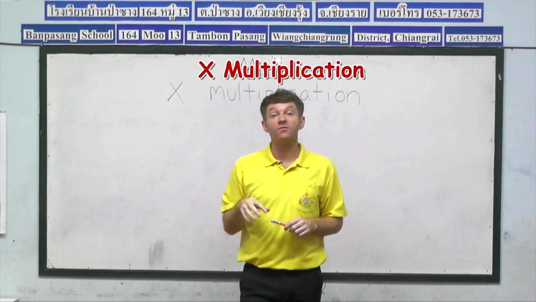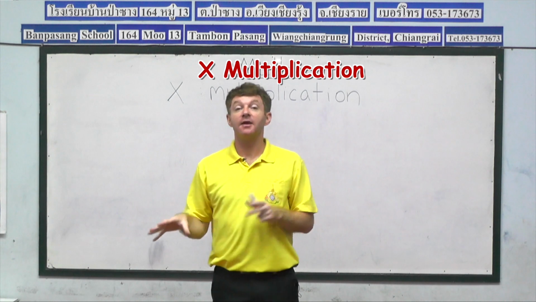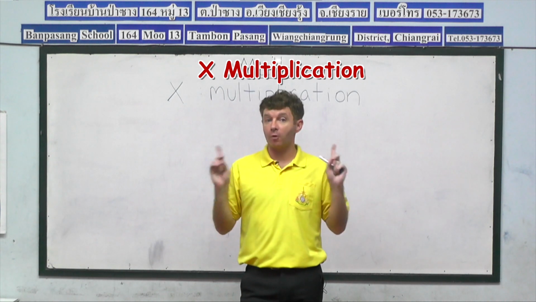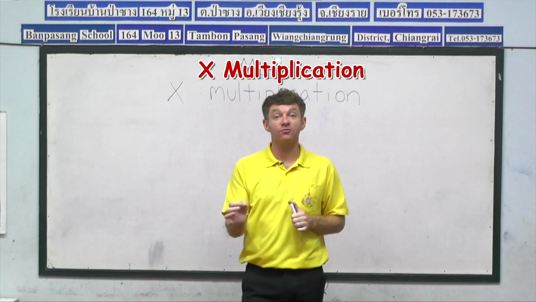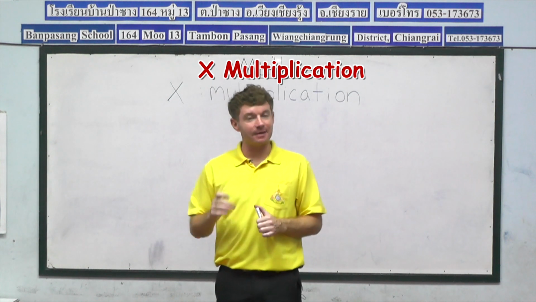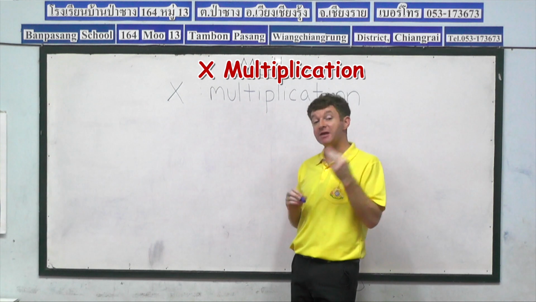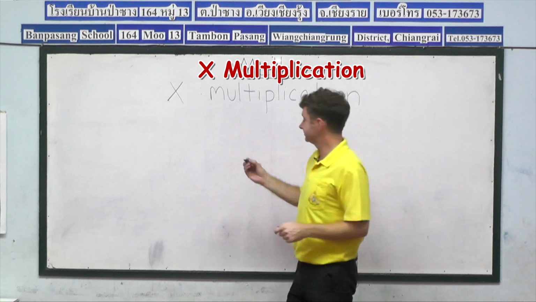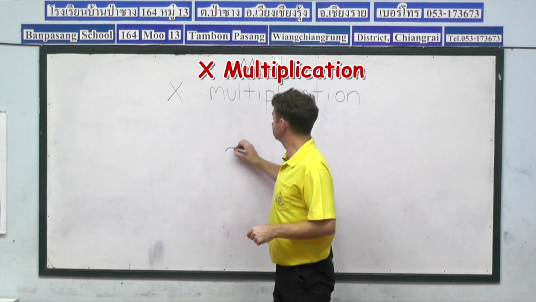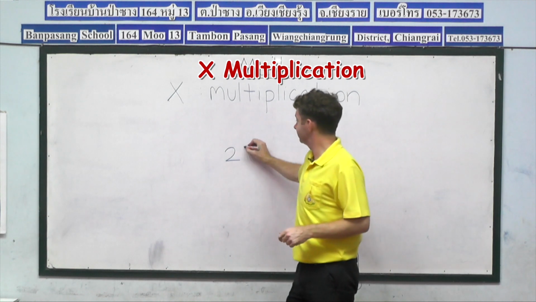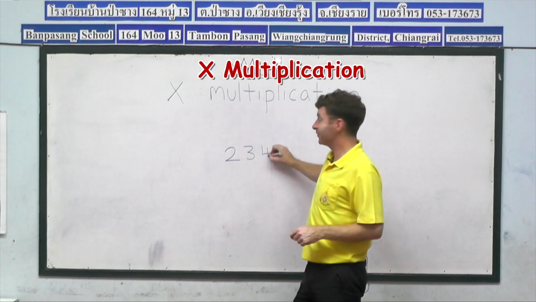And what I'm going to do now, as a brief recap, is I'll do a couple of multiplication problems on the board and have our students come forward and answer them correctly. So first of all, guys, I need 3 digits. 2, 3, 4.